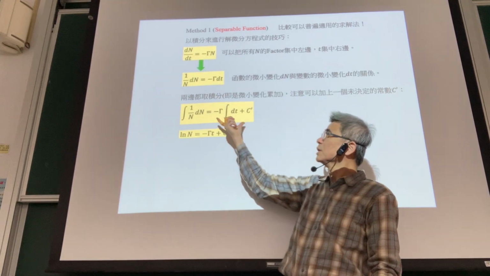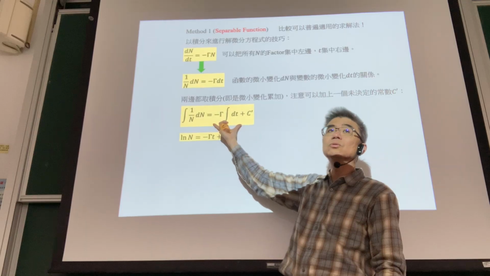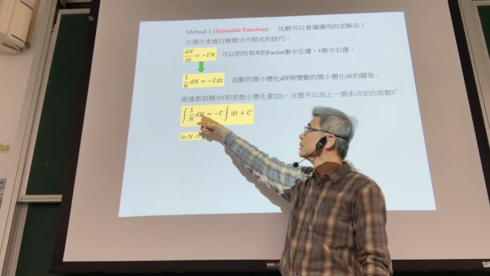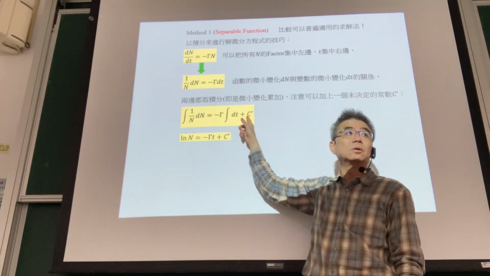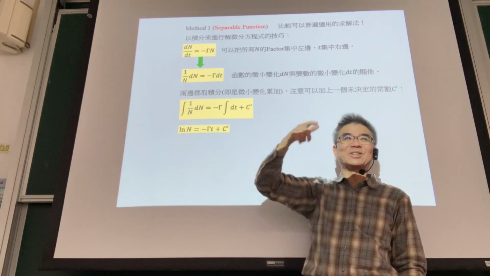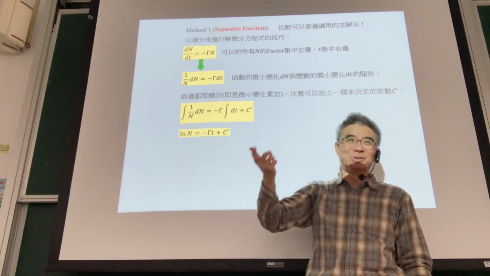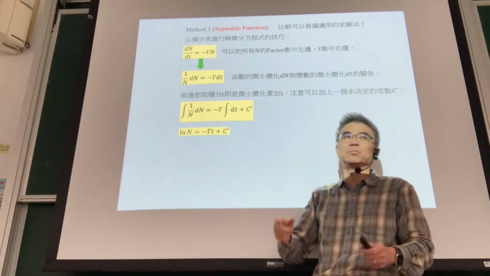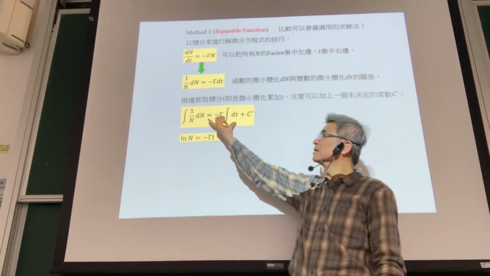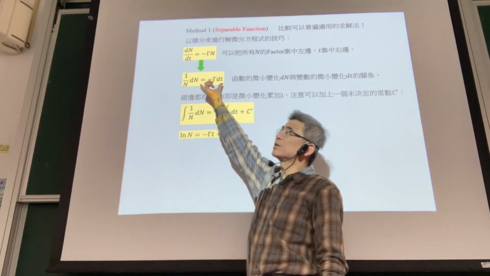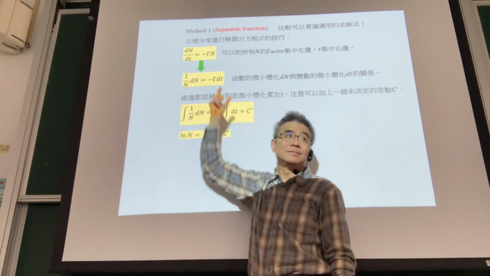When you take the differentiation, c prime disappears, because the derivative of a constant is equal to 0. So you can always add a constant, and this solution always corresponds to this solution.